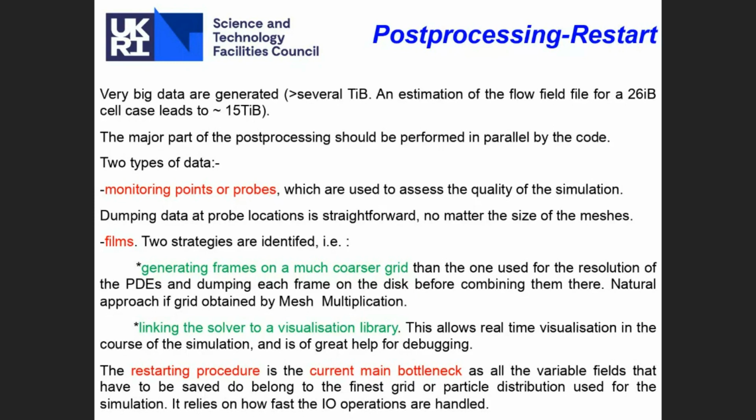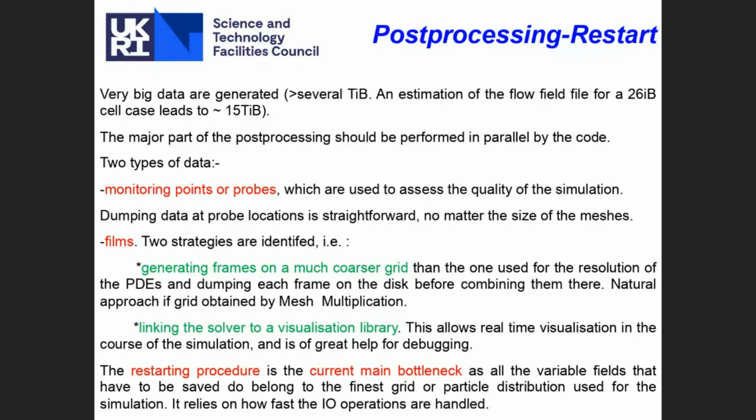It's very difficult to dump all the data on the disk, especially if you need about 1,000 to 2,000 or 10,000 instances. So the idea is to generate the frames either on a coarse grid and dump that on the disk, or to present some results on the fly.